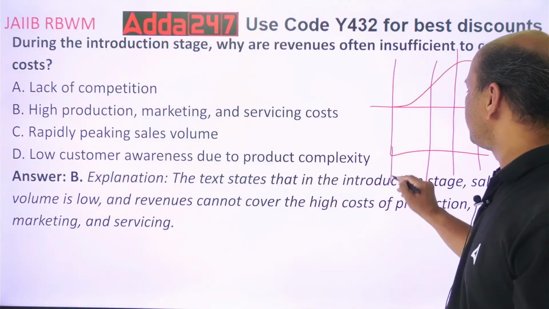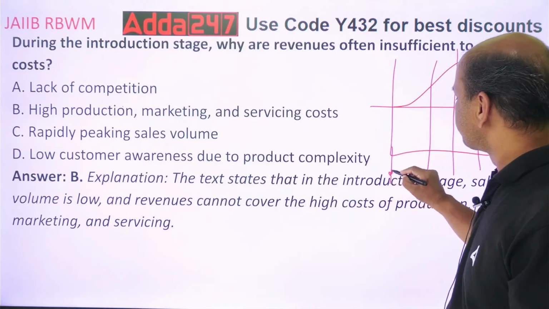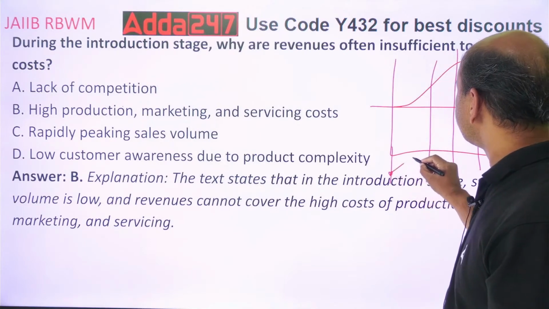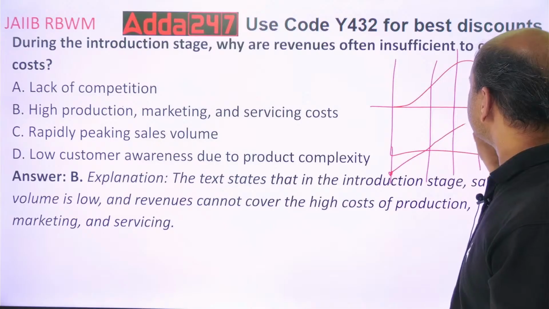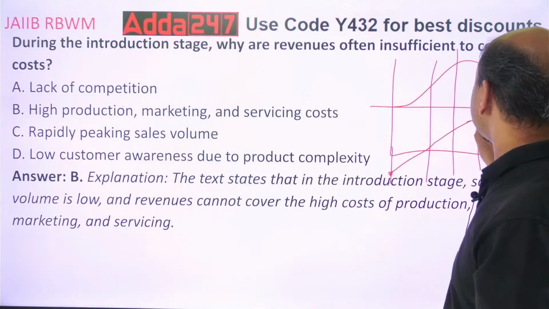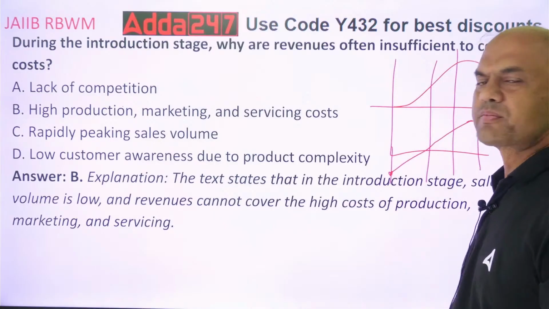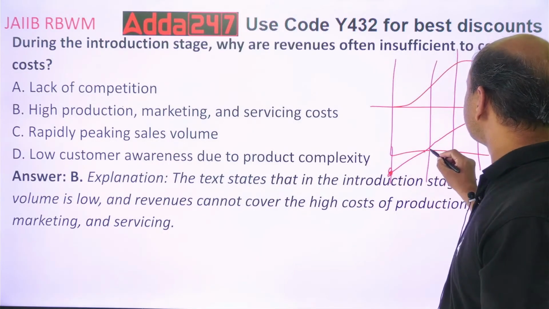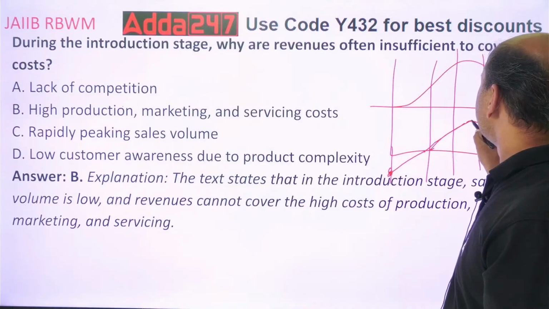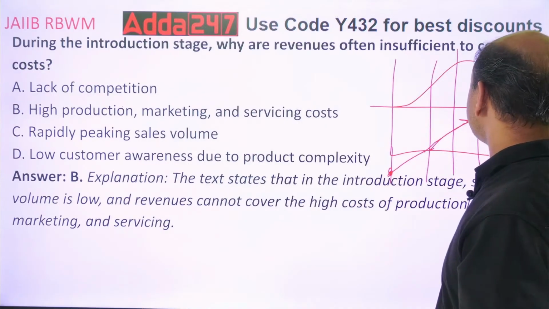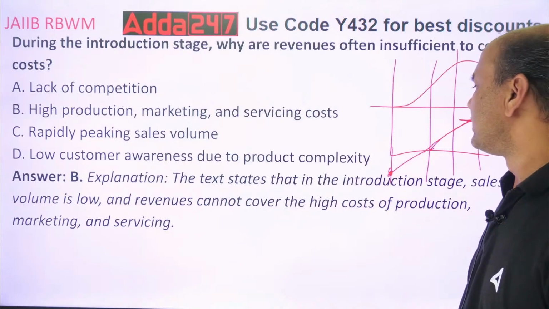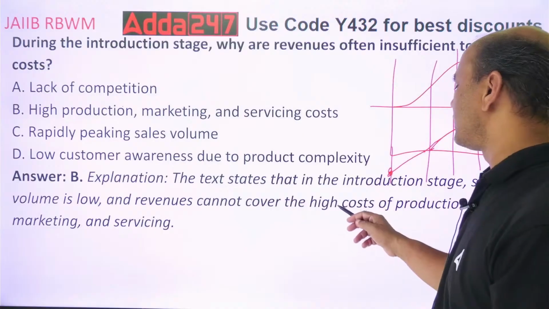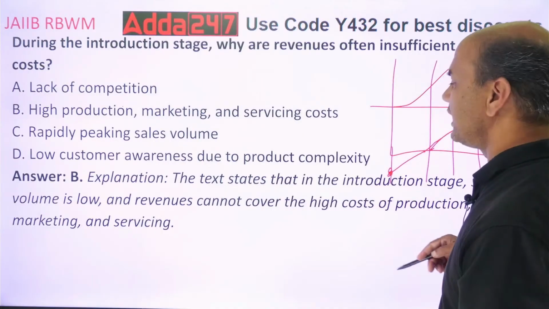It will start from here, in negative, and in the growth phase, it will grow a lot. In the maturity phase, it will peak and then it will decline. So in the introduction stage, sales volumes are low, and revenues cannot cover the high cost of production, marketing and servicing.